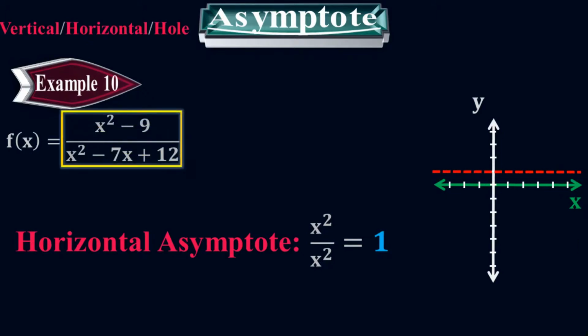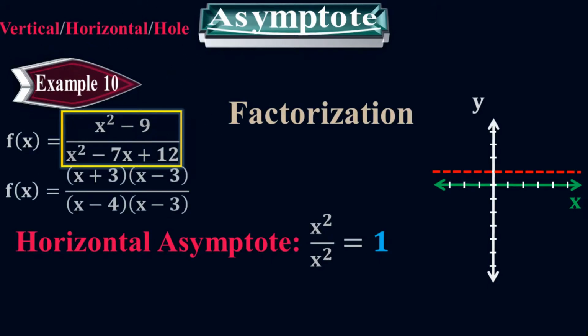When you look at the given function, can I do factorization here? Yes, I can do factorization. When I do factorization, I will have (x plus 3)(x minus 3) over (x minus 4)(x minus 3). Just factorize the numerator and denominator. These are the two factors for the numerator, which is x squared minus 9. And these are the two factors for the denominator.